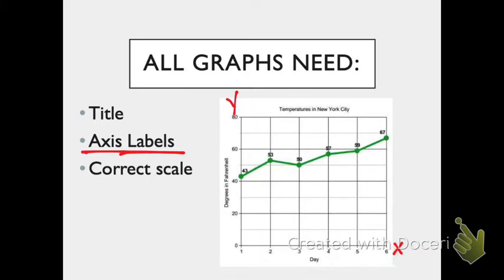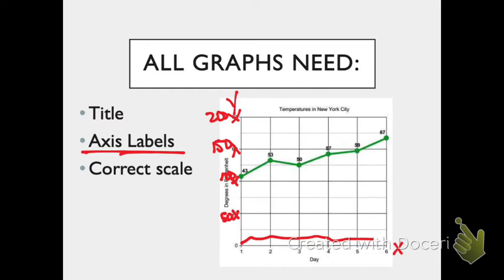So here's what I'm talking about. If I was going to label my graph and I chose my scale on my y-axis to be 0 to 50 to 100 to 150 to 200, my graph would all be down here. Wouldn't you agree with that? And that would not give us a very clear picture of what was happening with the temperature.